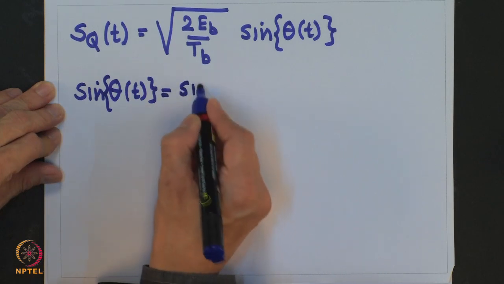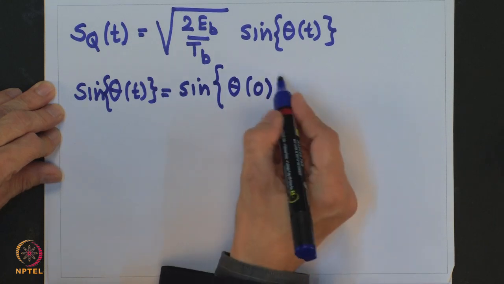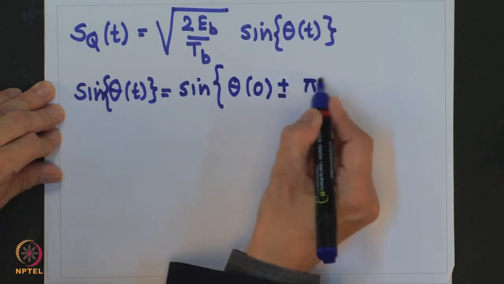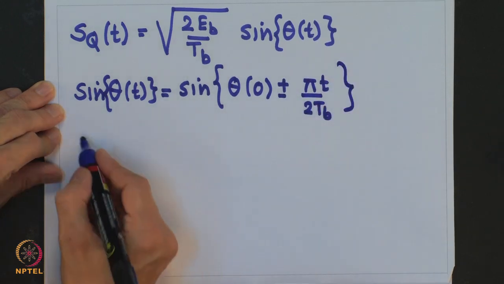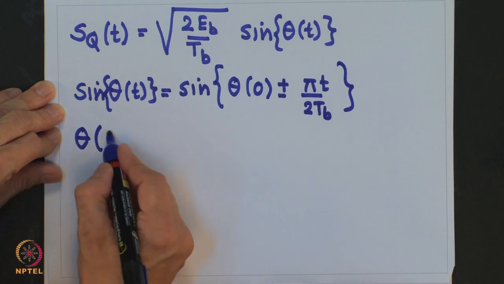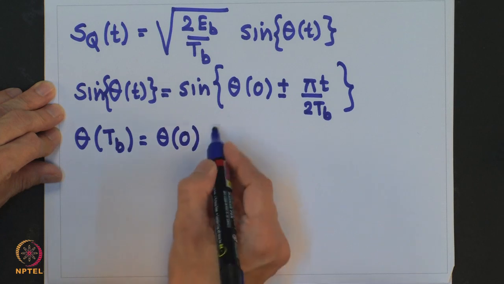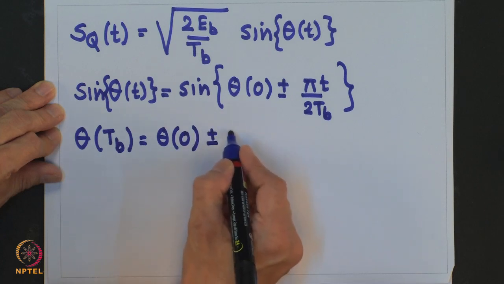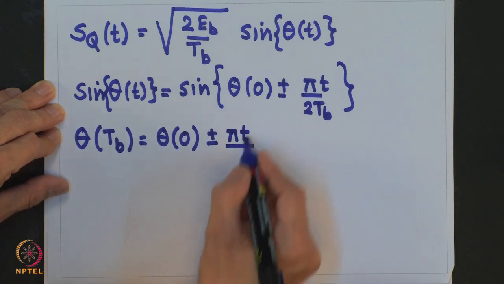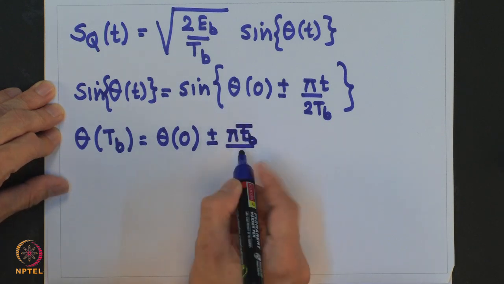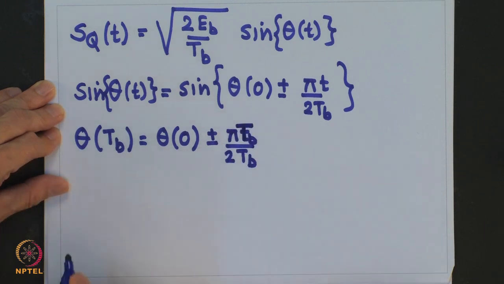So, this I can write as sine of theta 0 plus minus pi t by 2 Tb. Now, we will use this relationship; this is Tb, please.